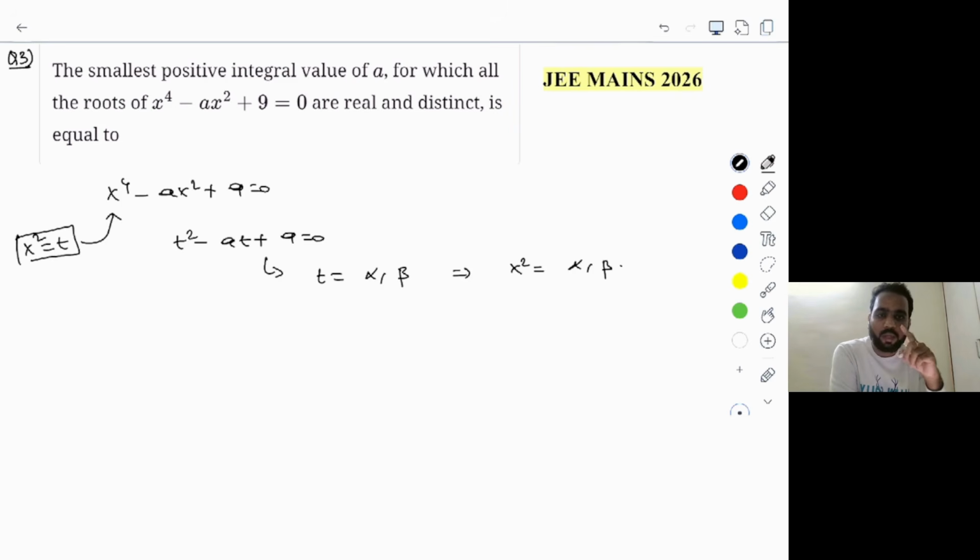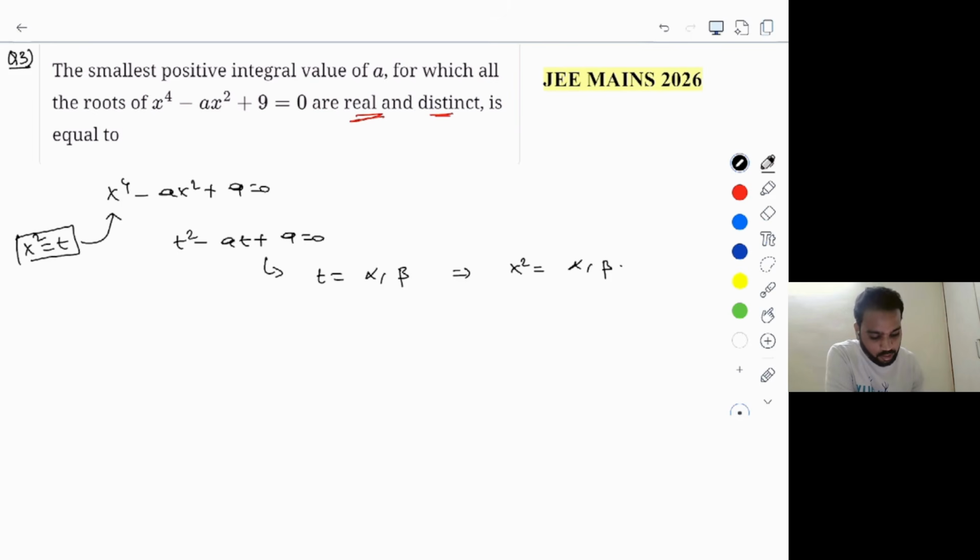But if you look at the question, it's a biquadratic polynomial, which will have a maximum of four roots, right? But they are saying all four roots must be real. Moreover, they must be distinct also. So for that to happen, I need to make sure first that alpha, beta are real numbers.